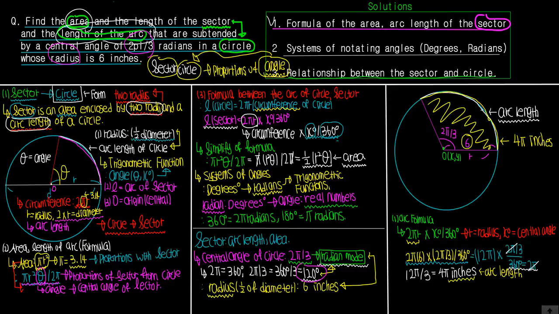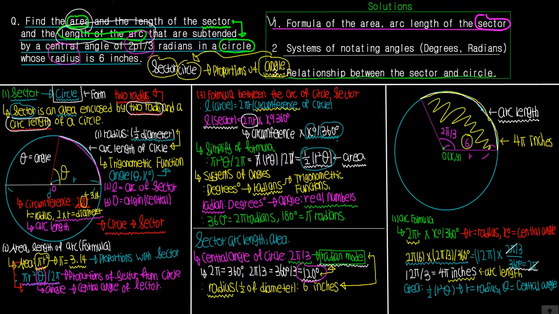What is the formula for the area of a sector? The formula is 1/2 times r squared theta, where r is our radius and theta is the central angle of our sector.